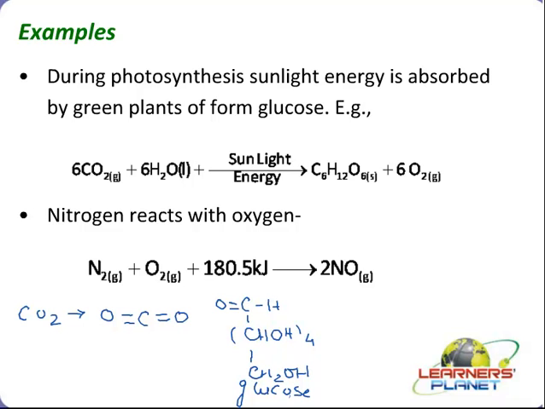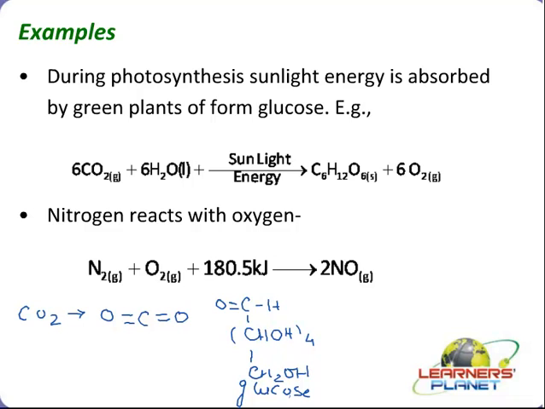Now there is another equation here, that is nitrogen gas reacts with oxygen gas and forms NO, right? So here also, students, for the formation of NO, you require a huge amount of energy. Okay, so this is also an example of an endothermic reaction. Fine.